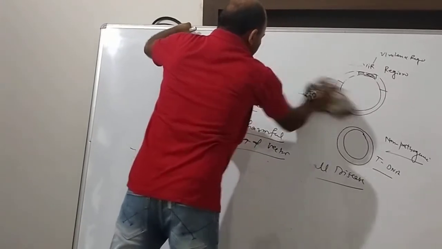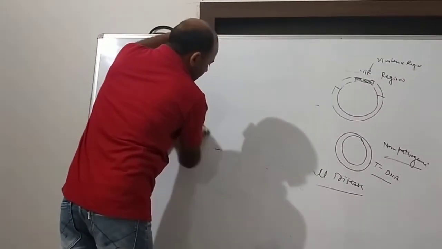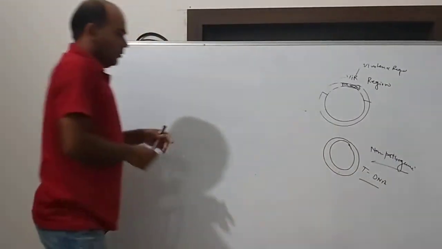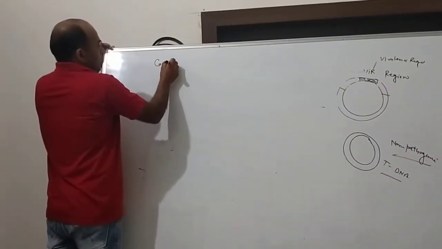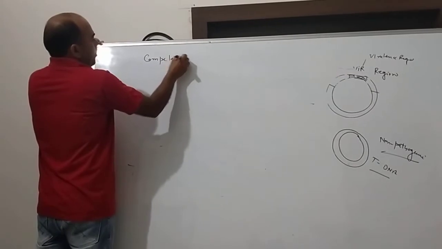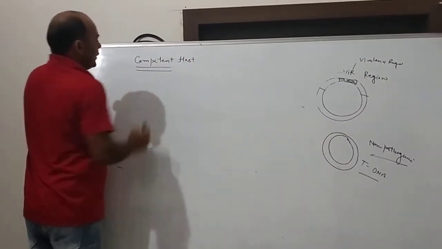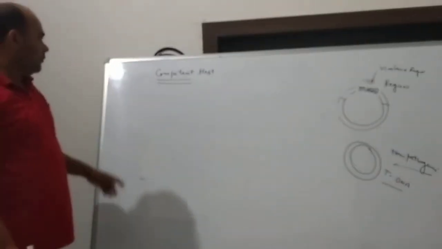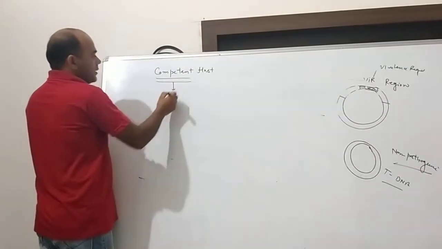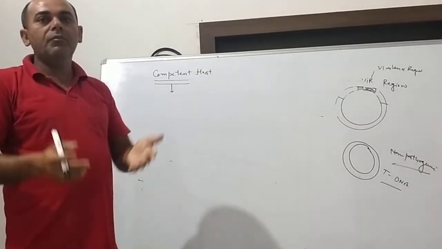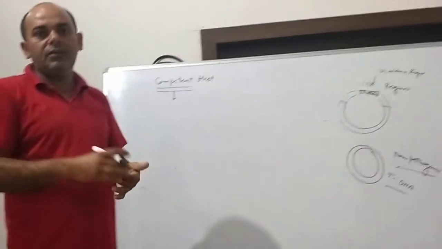Next we will discuss competent host: transformation in a host with the help of recombinant DNA. Very simple definition. What is the meaning of the word competent? It is the ability of a bacterial cell to take more and more DNA from outside to inside.